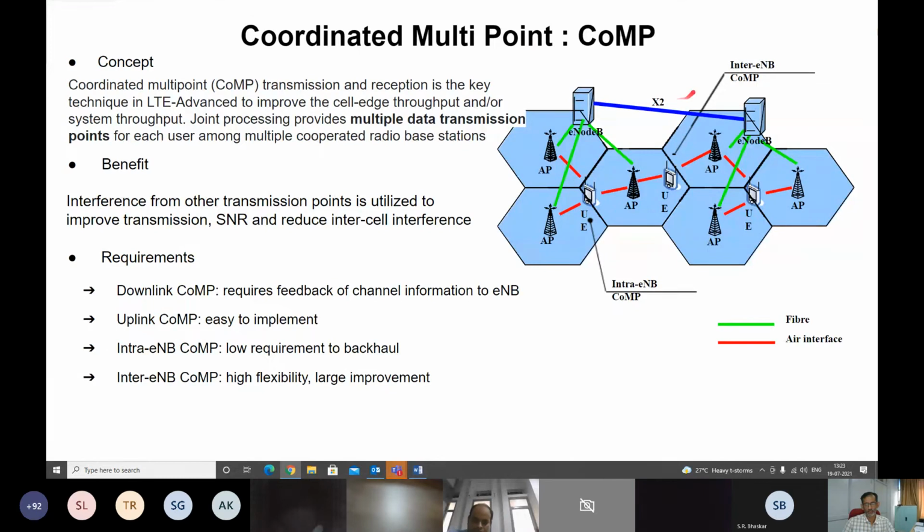Multiple radiations go to different sectors of the same base station or to multiple base stations, and are effectively combined to give a much better throughput experience for the customer. That is the coordinated multipoint funda, but the reverse side of it is that if you want to coordinate between multiple base stations, then backhauling is required in a much heavier way. So once fiberization is improved, maybe this technology will be much better. This is one point.